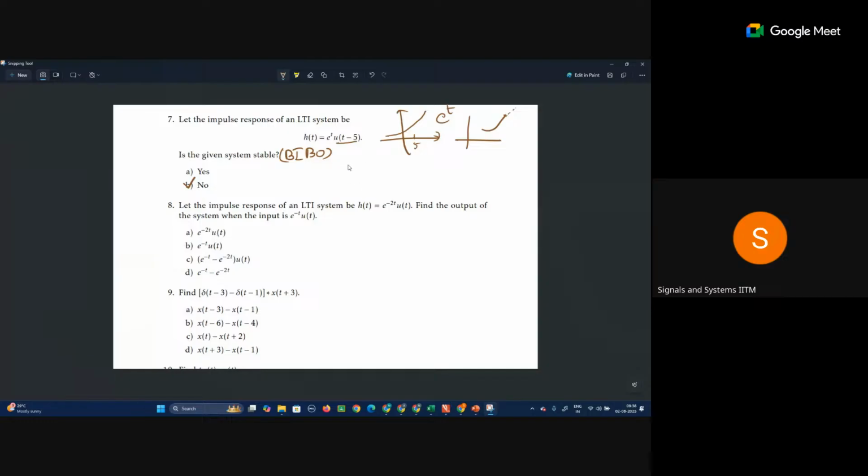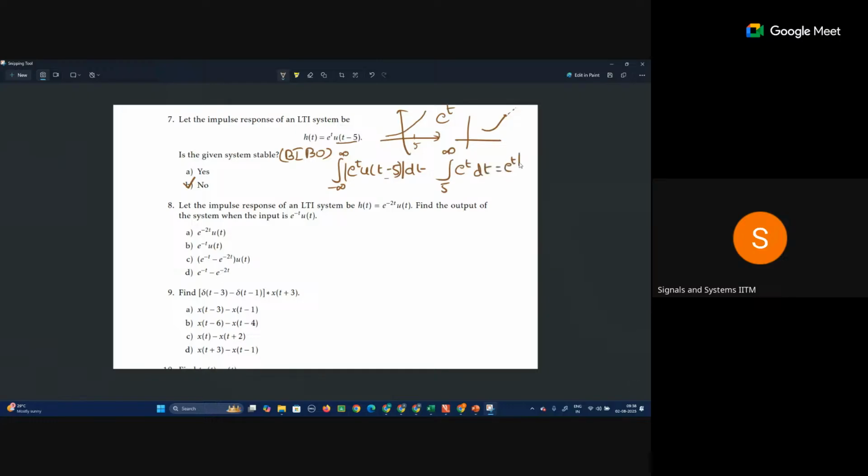Or you can check with this condition as well. Is it absolutely integrable or not? The integral of e power t u(t minus 5) dt from minus infinity to infinity. If we substitute it, since it starts from 5, it will be the integral from 5 to infinity of e power t dt.